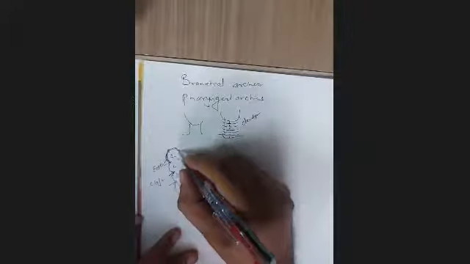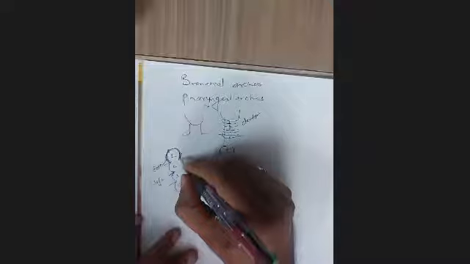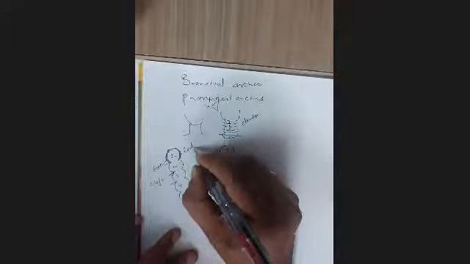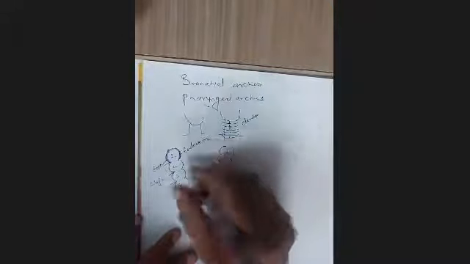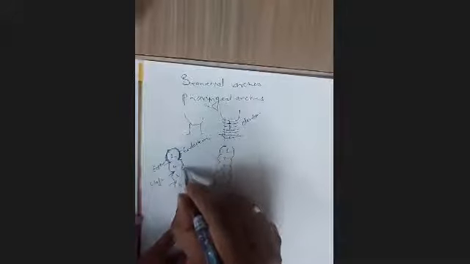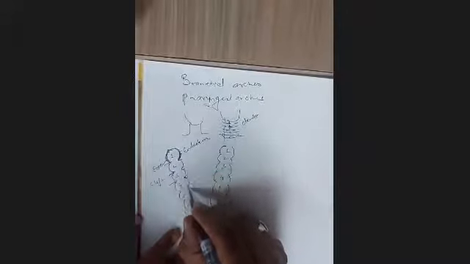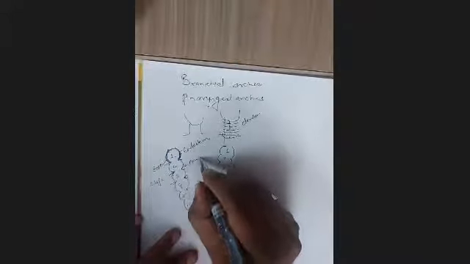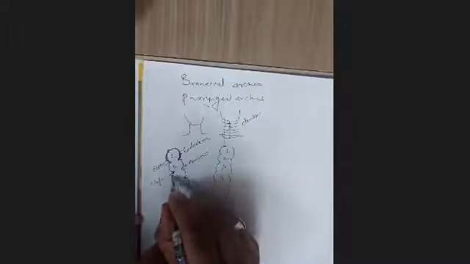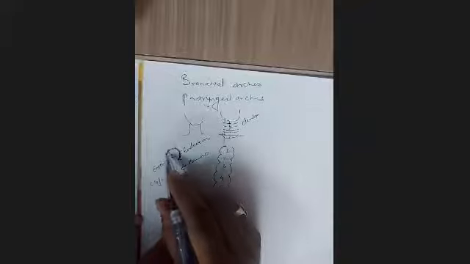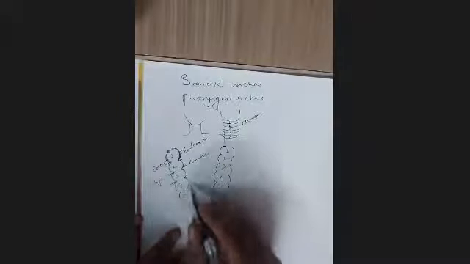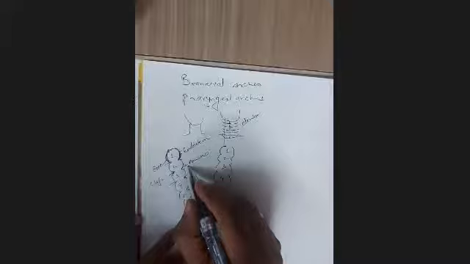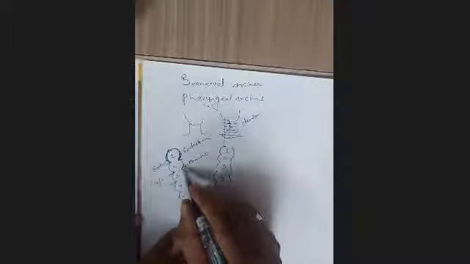On the inner side is endoderm, and these parts are called endodermal pouches. So outside there is an ectodermal cleft, outside each pouch is covered by ectoderm, and inside there are endodermal pouches.